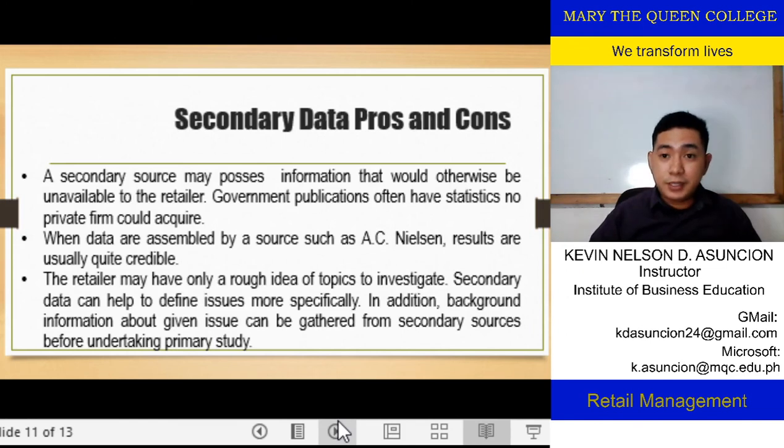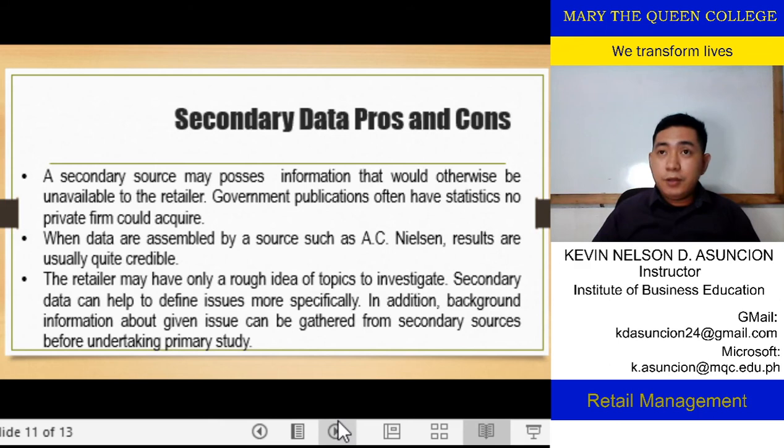Kasi just like that, Philippine Statistics Authority might have those statistics. When data are assembled by a source such as the AC Nielsen, results are usually quite credible. Third party naman ito, yung mga nagsa-survey. So they are quite credible.